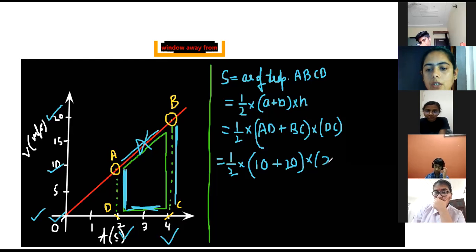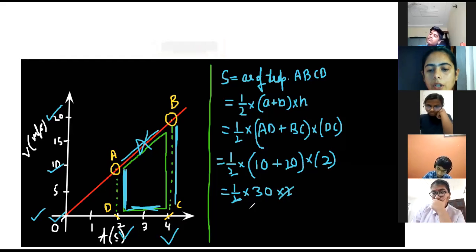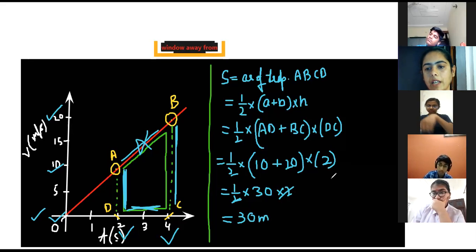So 4 minus 2 is 2. So what you have? 1 over 2 multiply by 10 plus 20 is 30. Multiply by 2. So 2 get cancelled. What you have is the answer as 30. And we are finding the displacement, so the unit is meter. Clear?